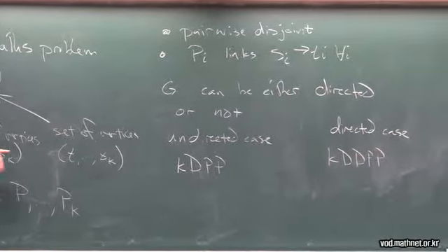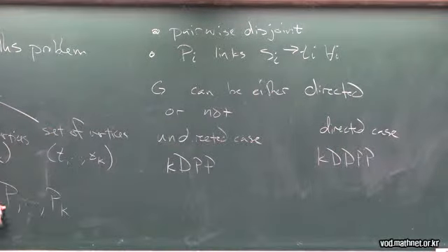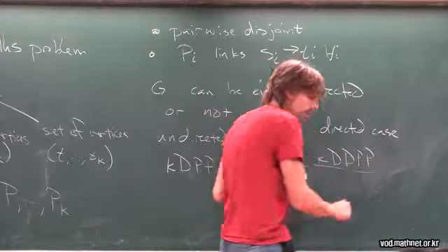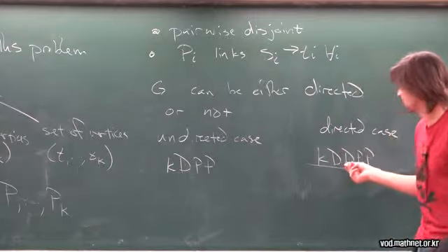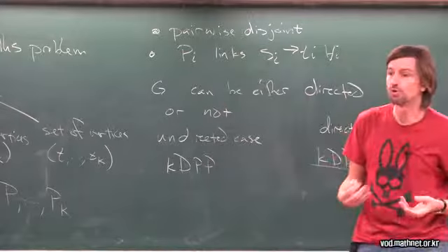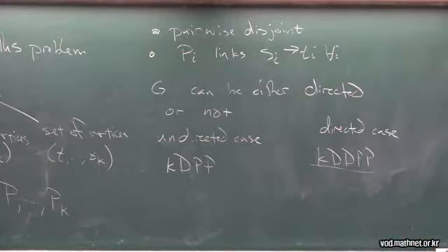And now, when I'm looking at directed graphs, I obviously want these paths P1 to Pk to be directed paths. So it's a path that starts in Si and follows the directed edges all the way to Ti. I'm primarily interested today in this directed case, but we're going to talk also about the undirected case as a way to give us hints on how to go forward tackling the directed case.